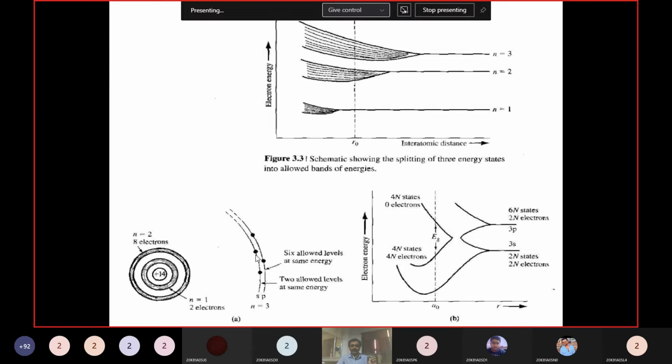If you give a little energy, they become free from the nucleus, so they move freely through the entire material. Due to those electrons only, conduction takes place.